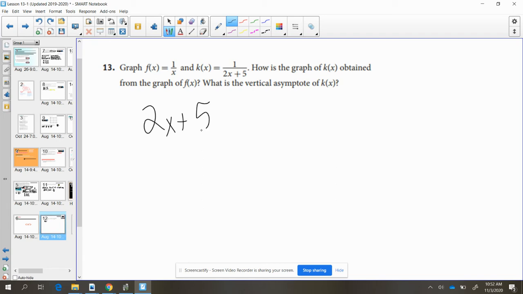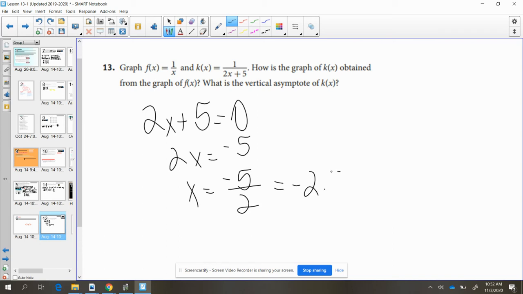Well, we should have looked at this and said, okay, if I set this equal to 0, I would see that the x would have to be shifted 2.5 units to the right, or to the left, excuse me, so that we would have a vertical asymptote at negative 2.5 or negative 5/2.